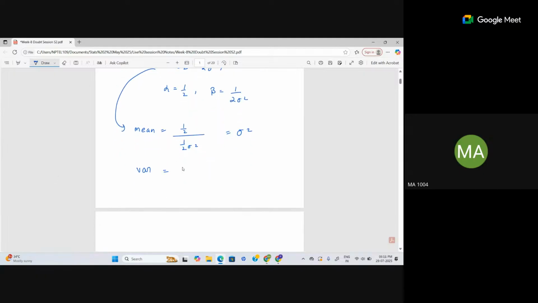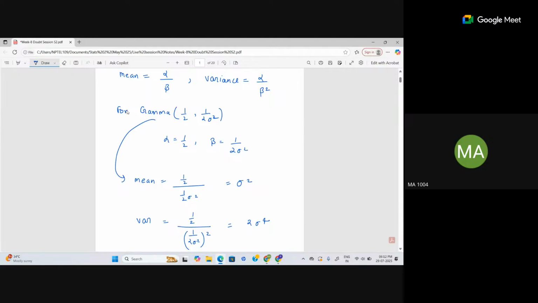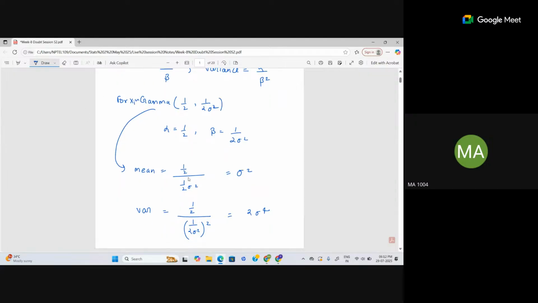So alpha is 1 by 2, and beta is 1 by 2 sigma square, and the whole square of it. So it will become 2 sigma to the power 4, right? So this is the variance for, suppose we have an xi which is following this distribution. So the variance for xi is this.